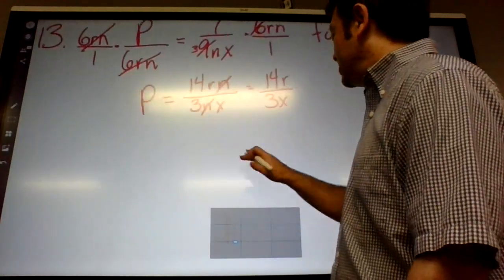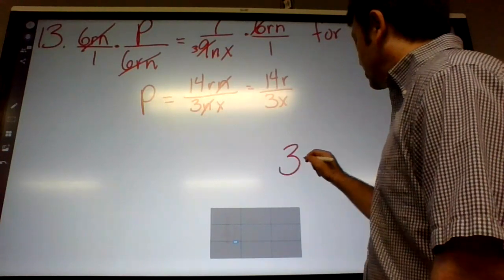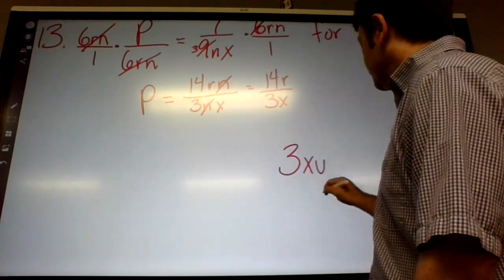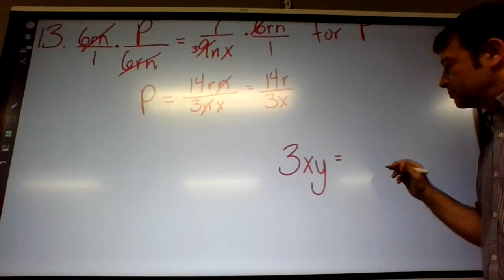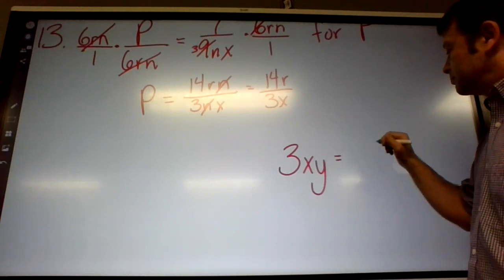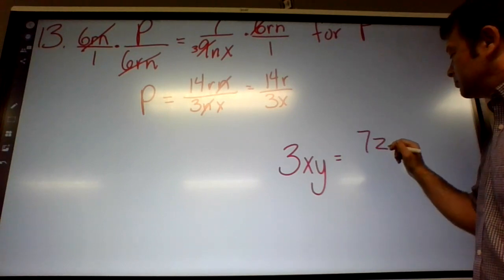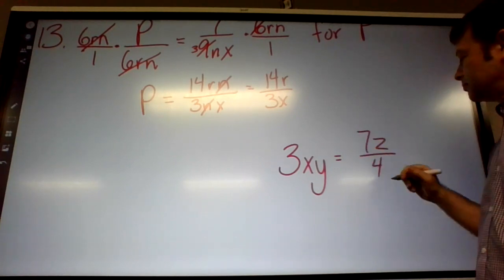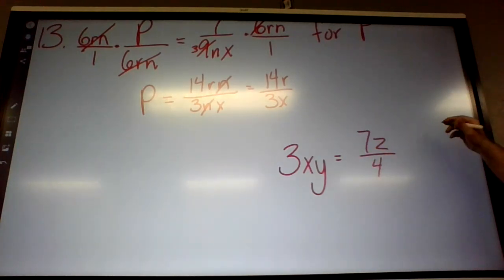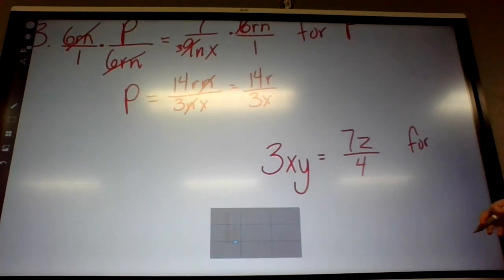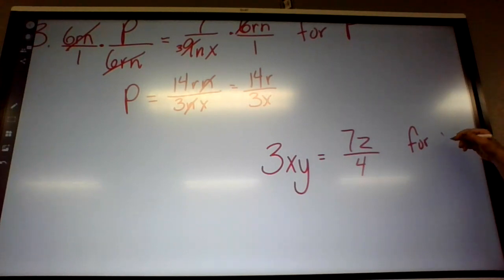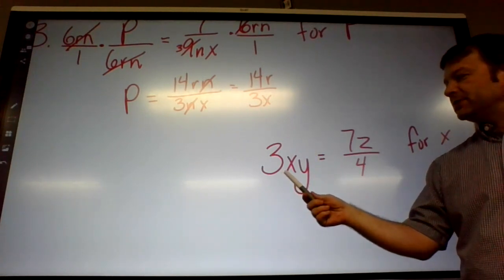Actually, before we go on, let me talk about one more thing here. I'm making this one up, but I need to make a point because it's going to come up on number 18. Let's solve this one for x.